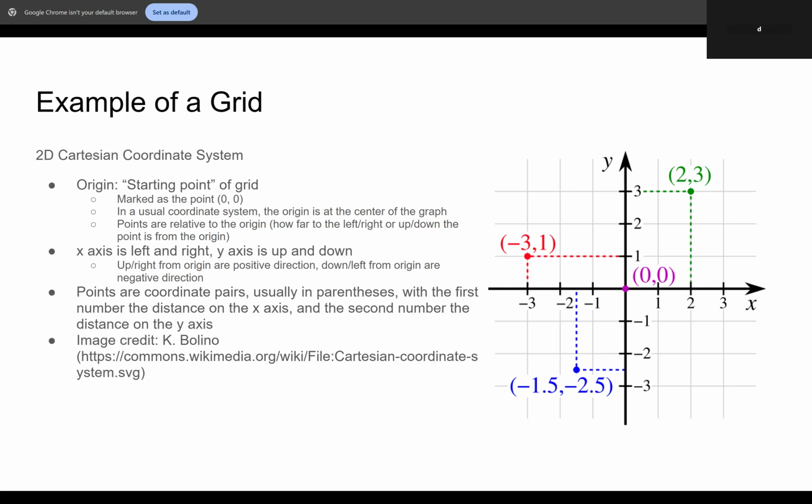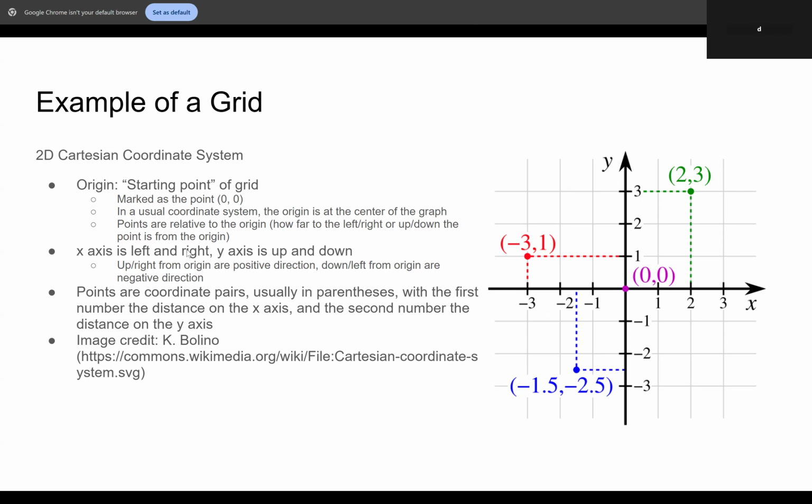So again, the origin is in the center, at 0, 0. We said that points are relative to how far away from the origin the point is. So we can see here we have a couple of different points on this graph.